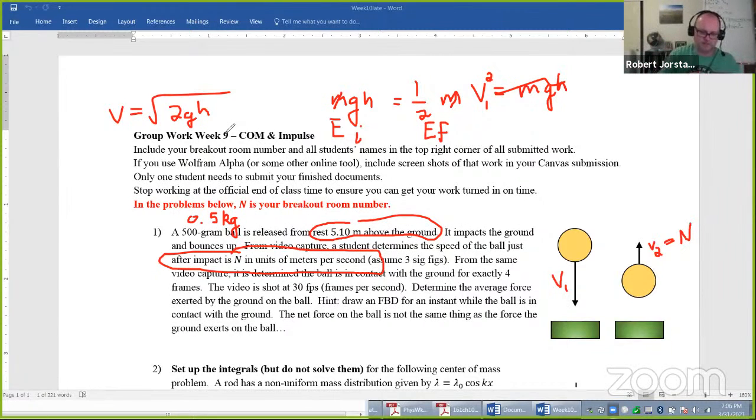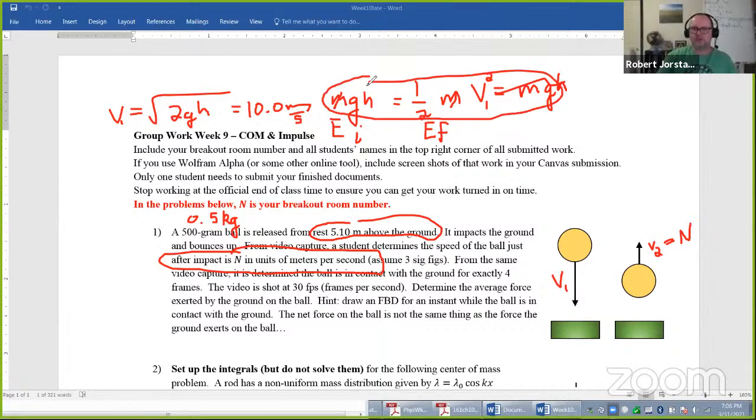So that's 19.6 times 5.1. And then I'm going to square root that. And I got basically 10. So this is V1 is about 10.0 meters per second.